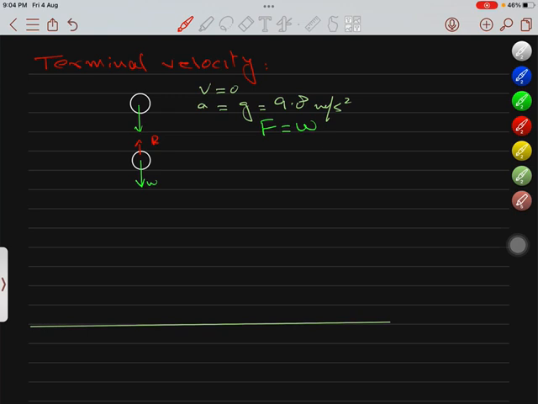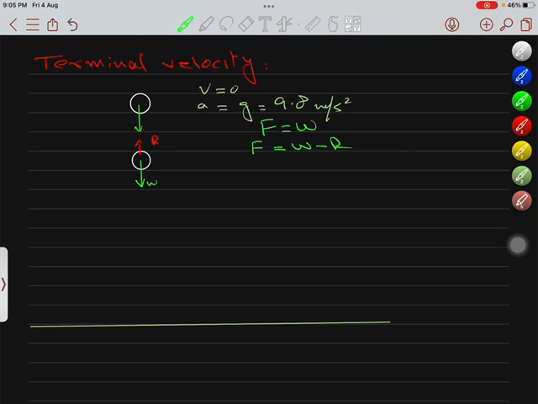So in this case, the net force acting will be F is equal to W minus R, because the resistance and weight are acting oppositely.